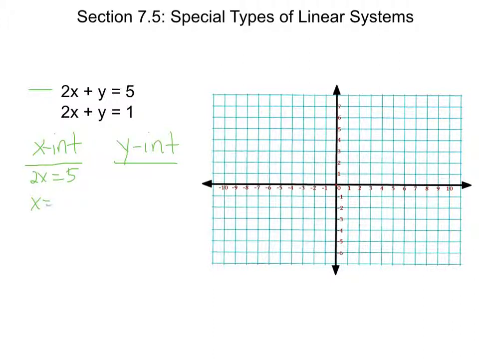So x is 2.5. And then our y-intercept is just going to be y equals 5. So x is 2.5. So that's in between 2 and 3. And then y is 5. So we make our line. Our second line we'll make blue. So we have our x-intercept and our y-intercept.